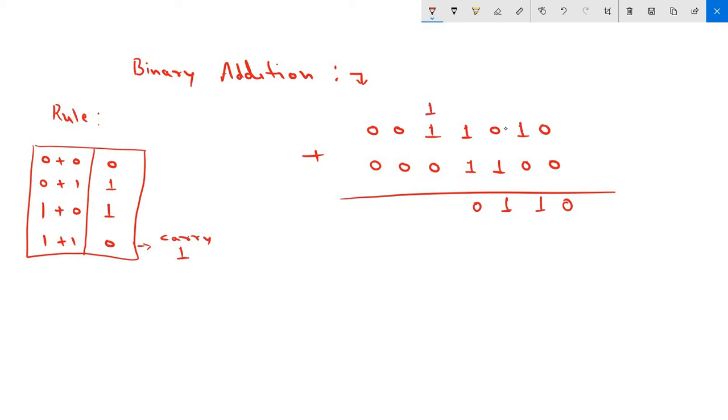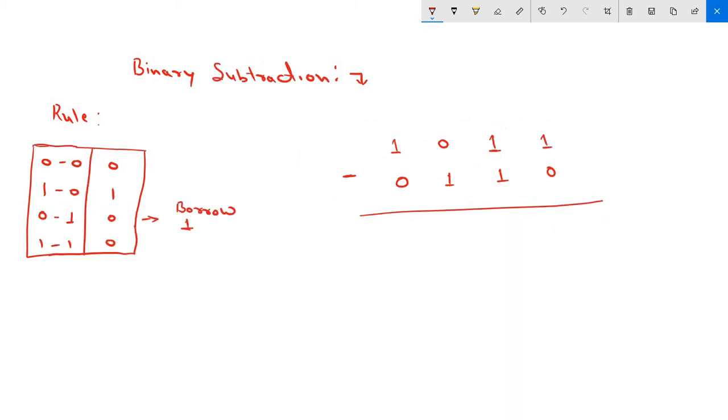So now 1 plus 1, according to the rule, 0 and carry 1, and 0 plus 0, 0. Now 1 plus 0, 1, and 1 plus 0, 1. And 0 plus 0 equals 0. Okay, this is the answer. So I hope you understand how to do binary addition.